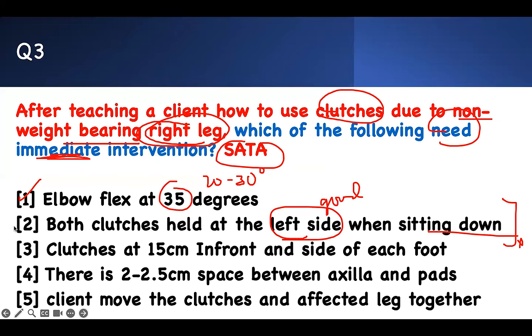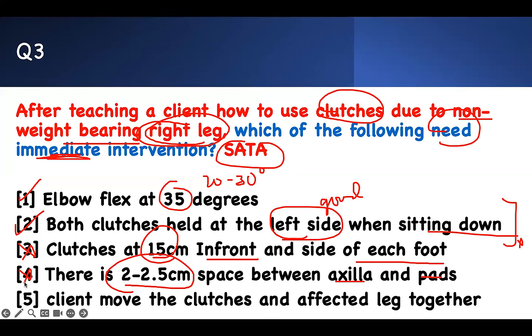It does need intervention. Crutches should be 15 centimeters in front and to the side of each foot. This is great. There is 2 to 2.5 centimeters of space between the axilla and the pad. You should not put your armpit, that's the axilla, right on the pad. There should be some space to prevent nerve injury.